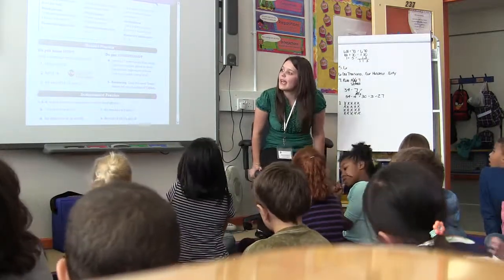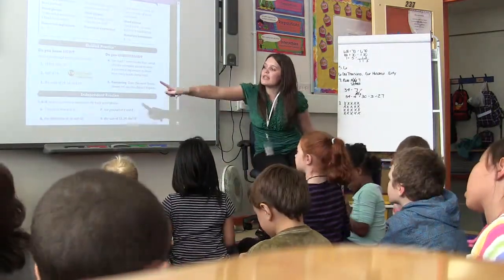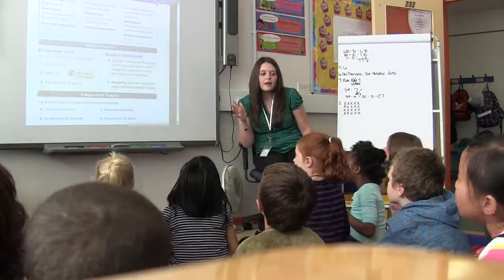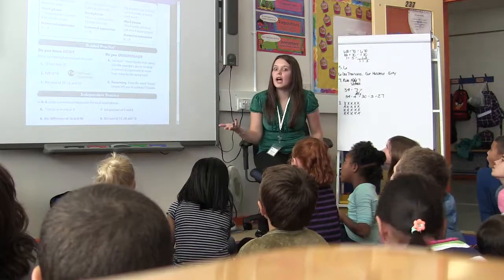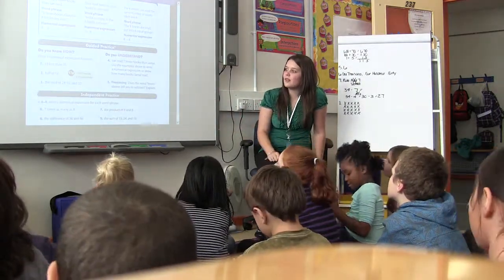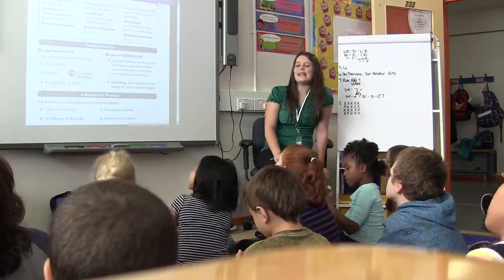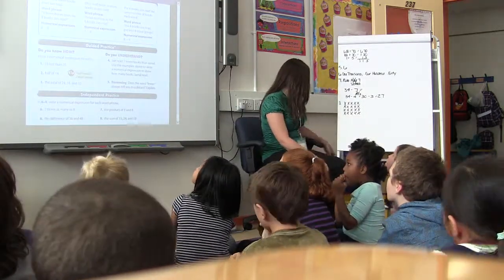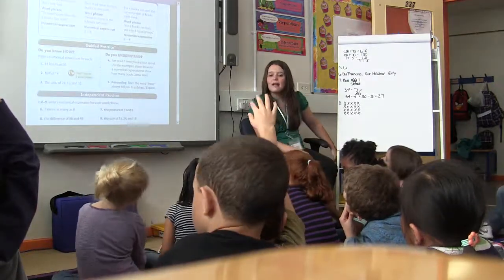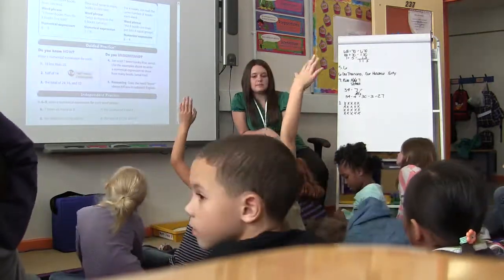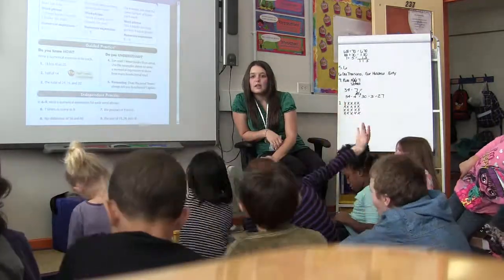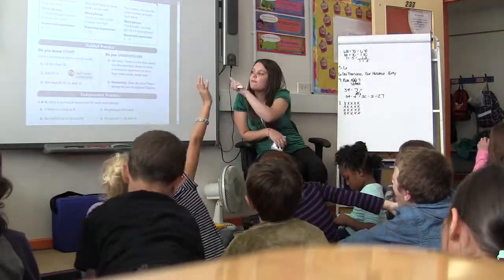Okay, number one. Let's look at number one. Does everybody know where we are? Number one, Andrew. 18 less than 25. What form is that in?